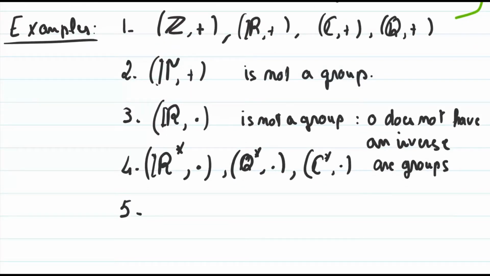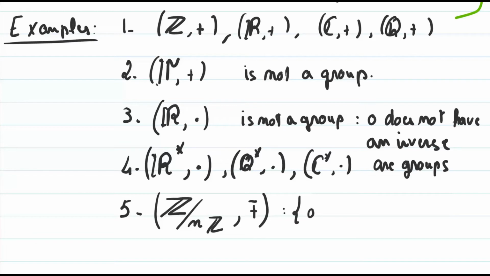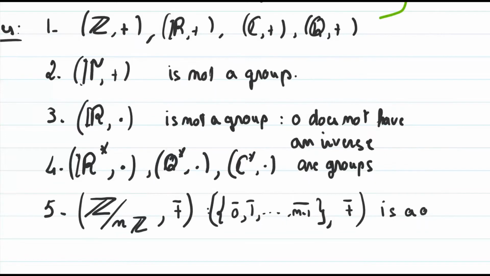Now all the groups I gave here are infinite groups, but do we have finite groups? Yes. If I take any non-zero n, the integers modulo n, which I can write down like the elements 0 bar, 1 bar, until n minus 1 bar. This is the set, and the operation is plus bar, addition modulo n. This is a group. It's a finite group.